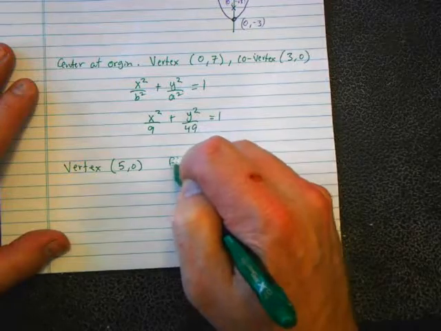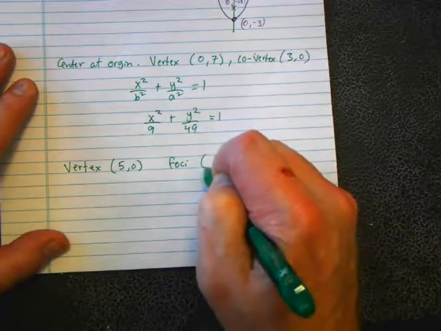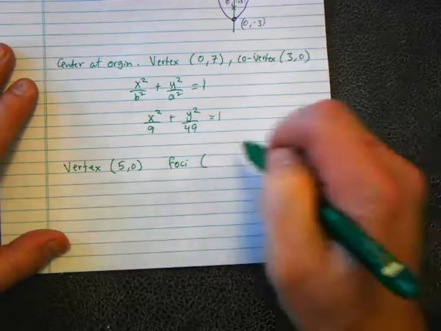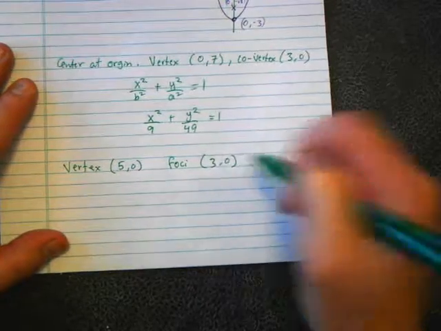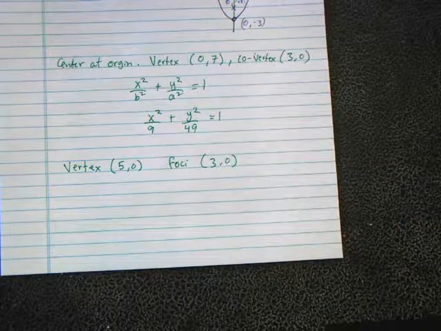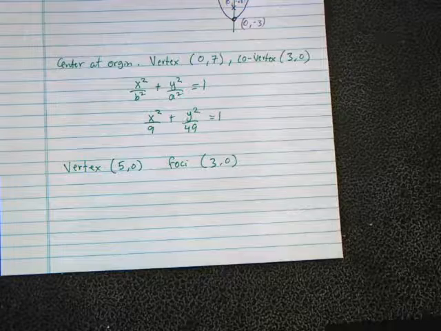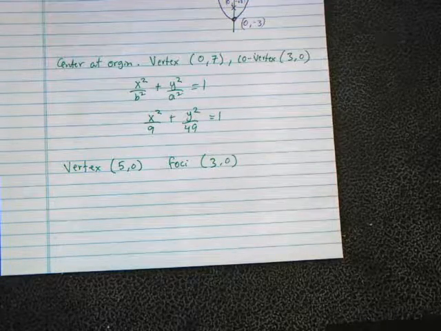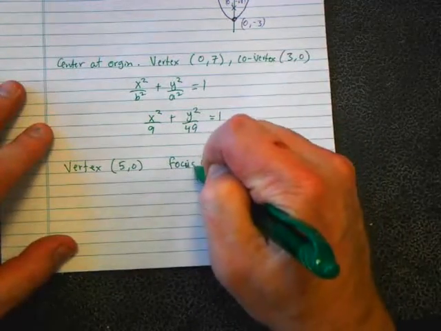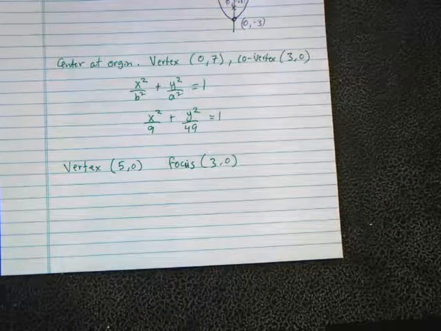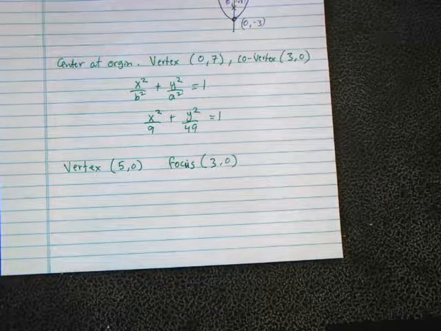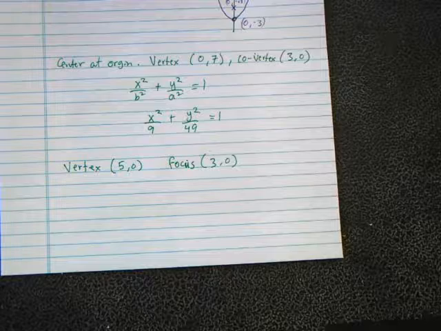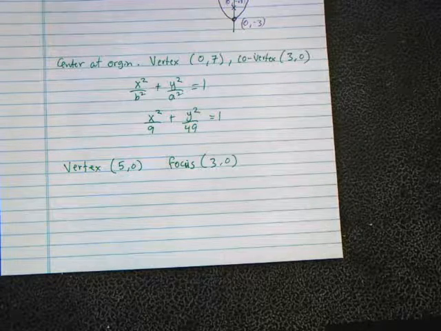And a focus is at, let's say, 3, 0. I'll give you a vertex and a focus. I only gave you one, so one of the foci. A focus is at 3, 0.